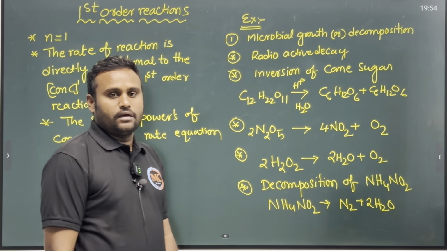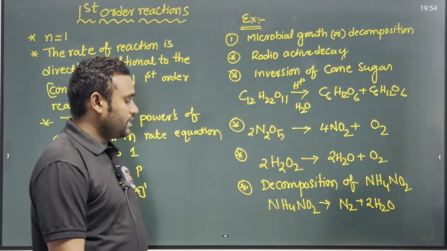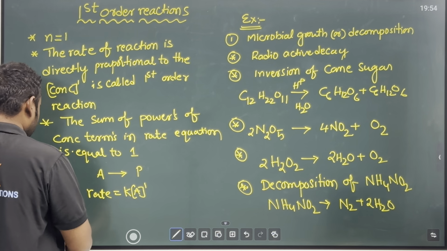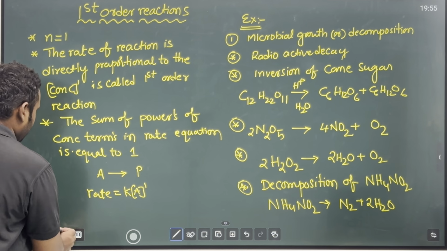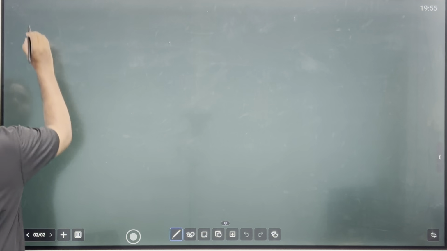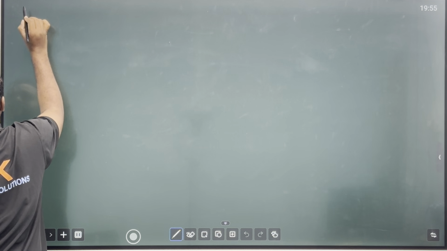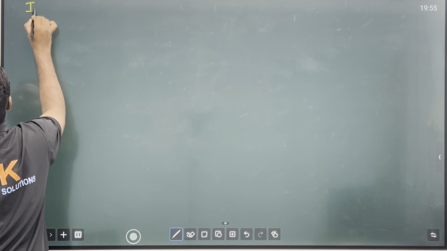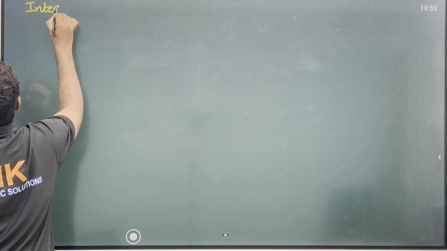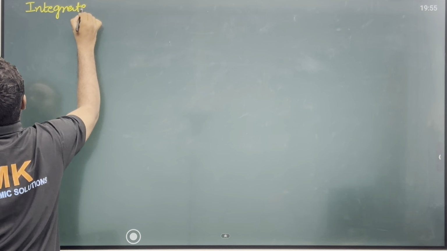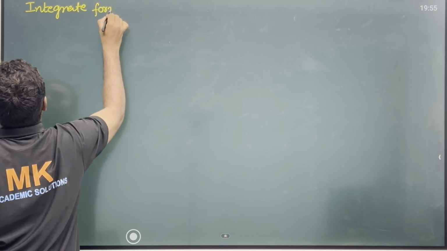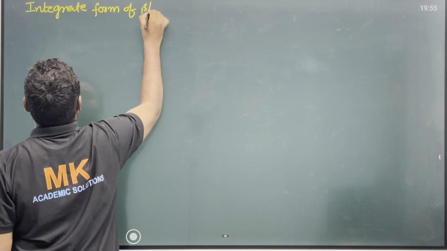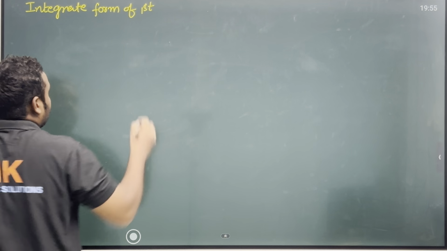Now let us see the kinetics of first order reaction and the rate equation. Let us take a hypothetical example for first order reaction, the integrated form of first order reaction.